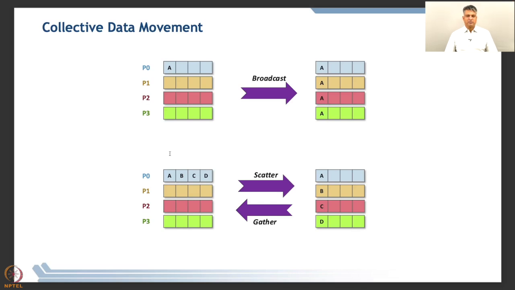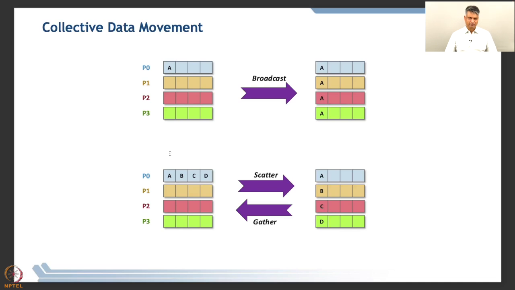If you look at the MPI broadcast function, you give the memory location where the data needs to be copied to and the source, and obviously what is the root process. In this case, the root process is P0, and the variable A then gets copied to all the other processes P1, P2 and P3 and is put in the first memory location of each of those processes.